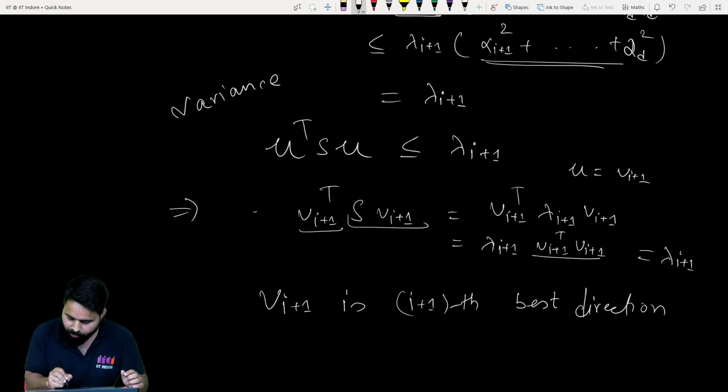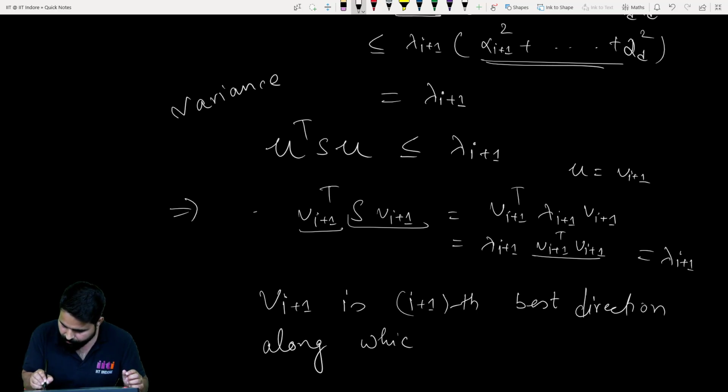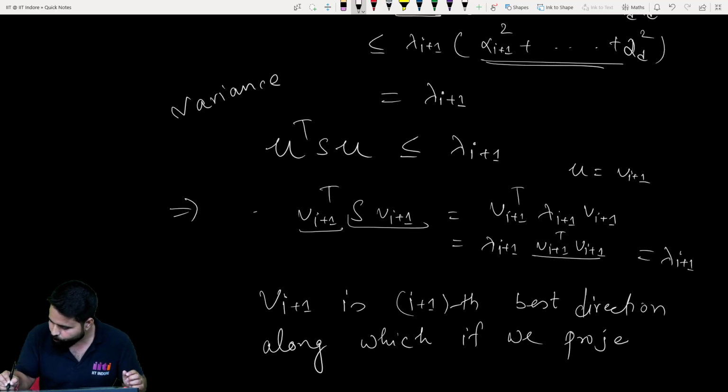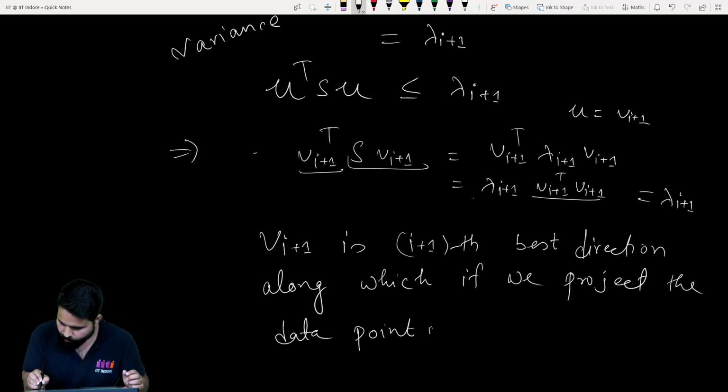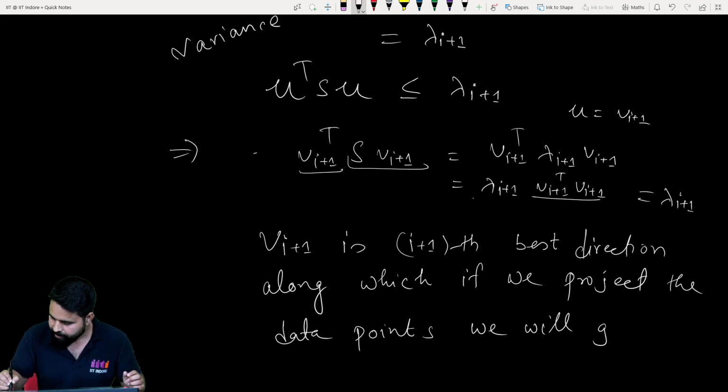along which, if we project our data points, we will get the maximum variance.